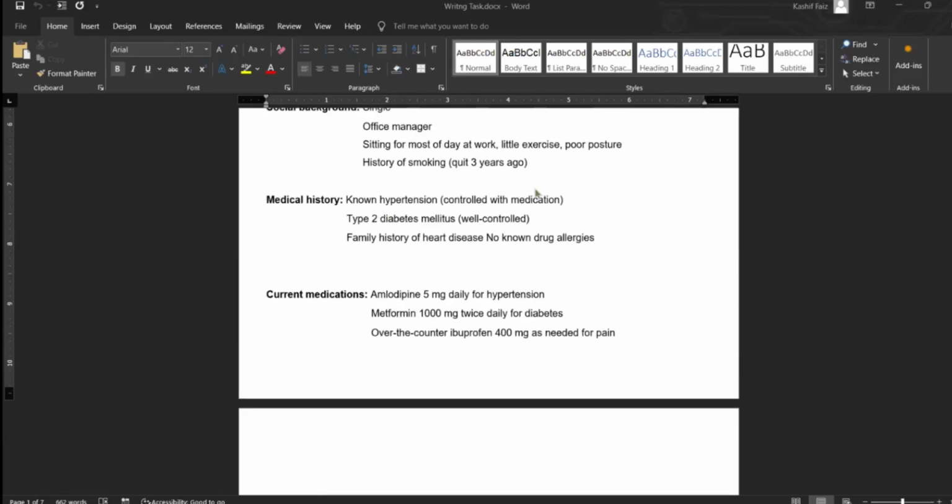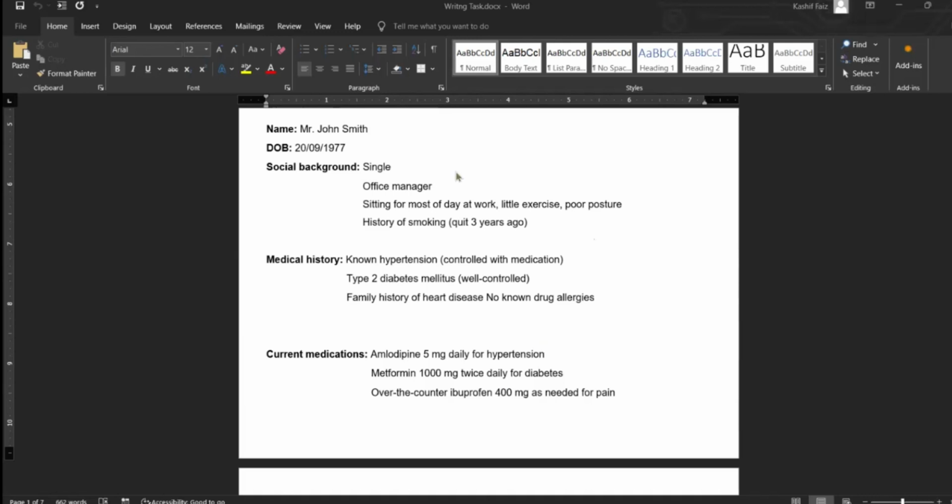Guys, I'm asking you, anybody can tell me for what problem he is taking the painkiller? For what pain exactly? Sir, it's because of poor posture. No, not the poor posture, back pain. Exactly. Sadia and Salman, yes. Perfect. See, lower back pain.